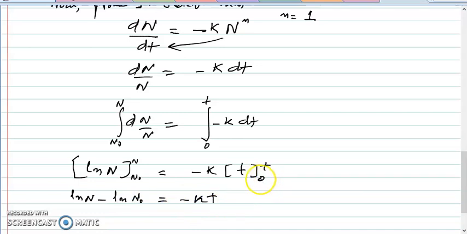The lower limit term will get cancelled because this is 0. Now we can write this as ln N divided by N naught is equal to minus kt.